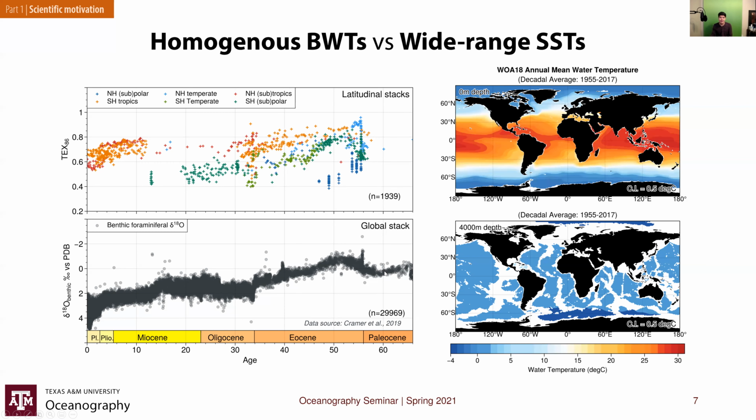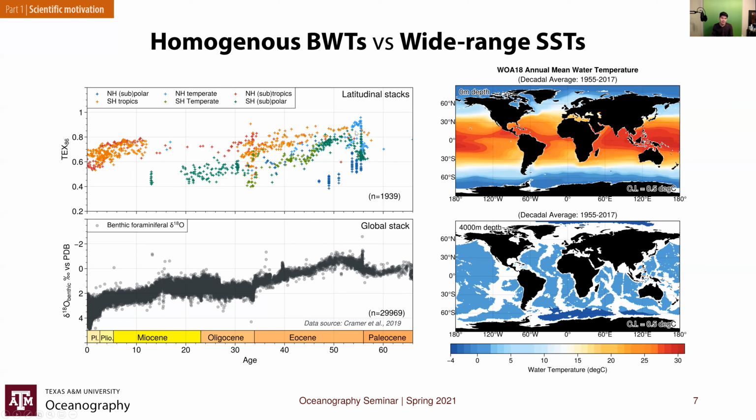As I mentioned already, oxygen isotopes have been developed for much longer, and people have collected data for a much longer time. Also, they're a global stack, meaning that all of these data come from different ocean basins and different latitudes, but it shows a clear trend because of the homogeneous nature of the bottom water.